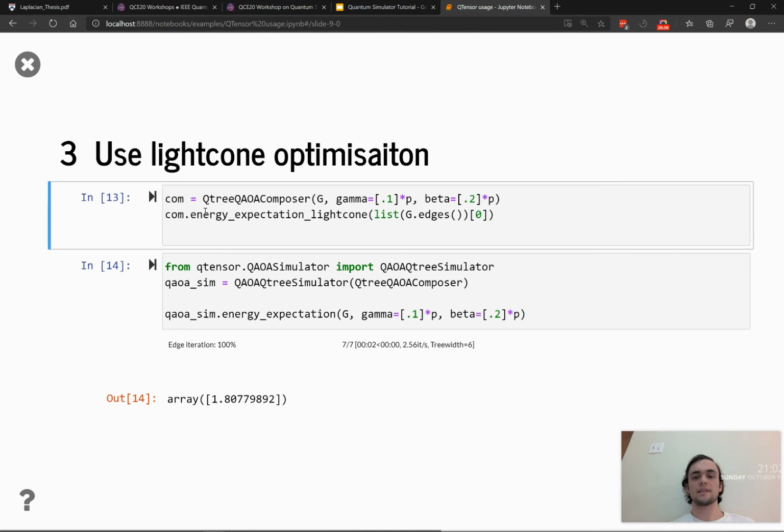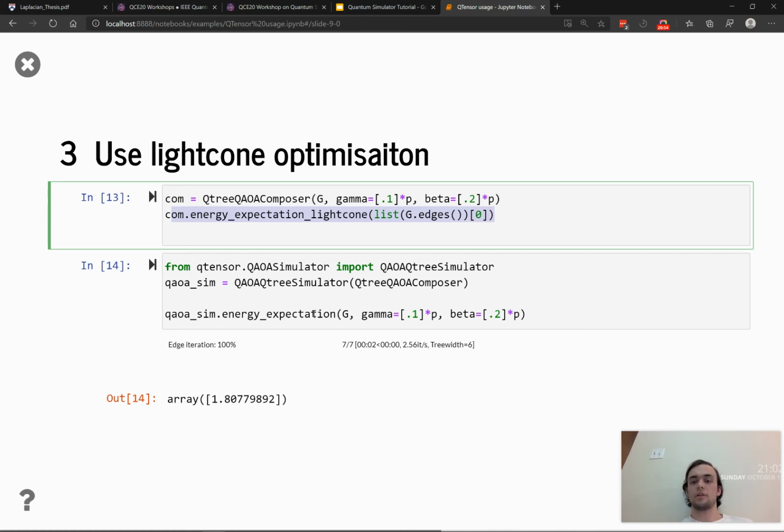Let's see how we use the light cone optimization. We have to use a QAOA composer, and again, we can just use energy expectation light cone and pass the edge that you are interested in. This way you create the circuit on the composer.circuit object, and after that you can just simulate it.